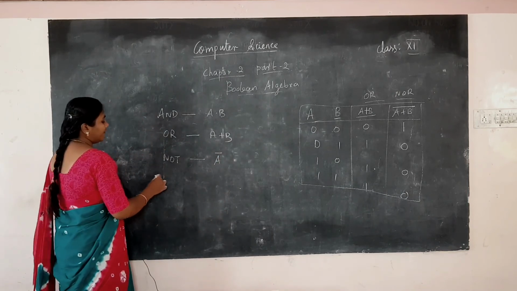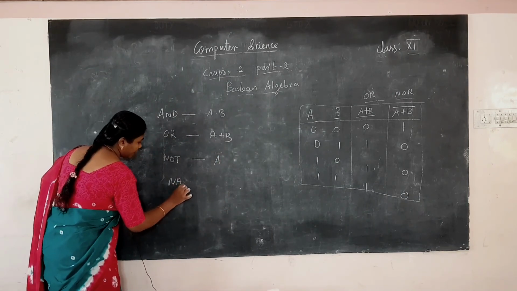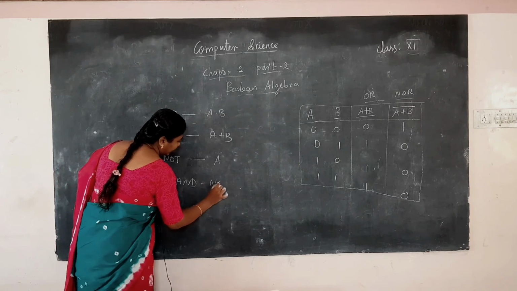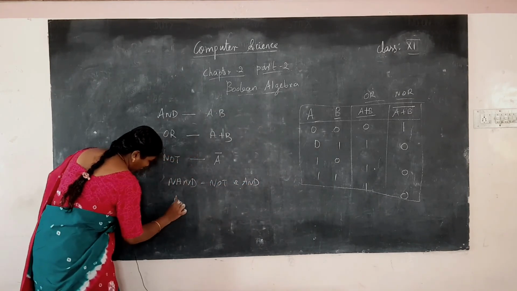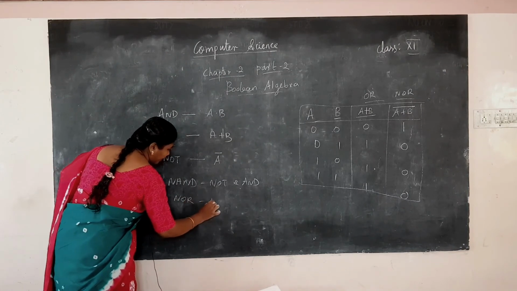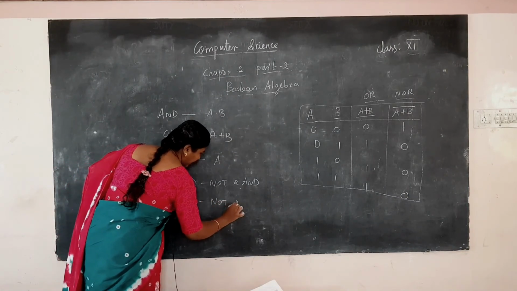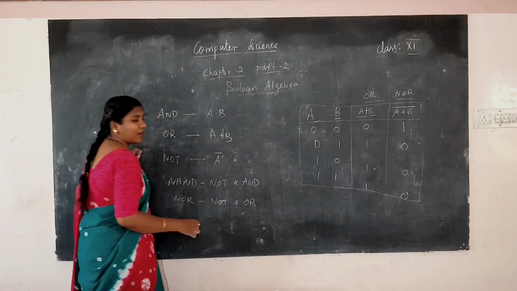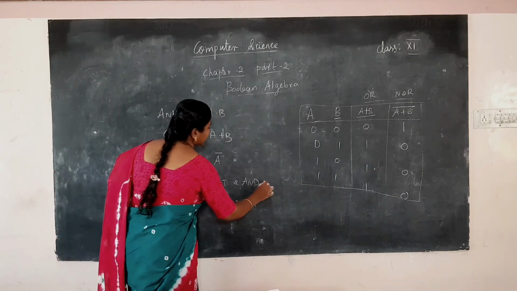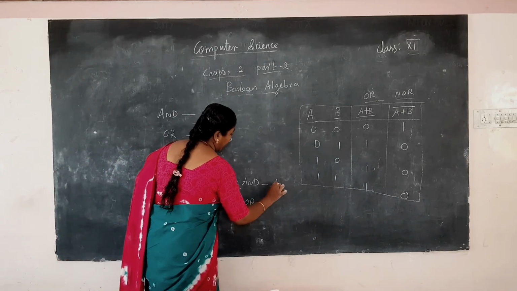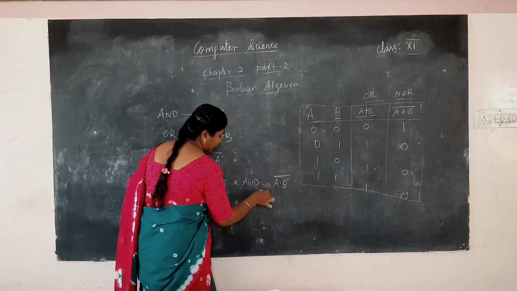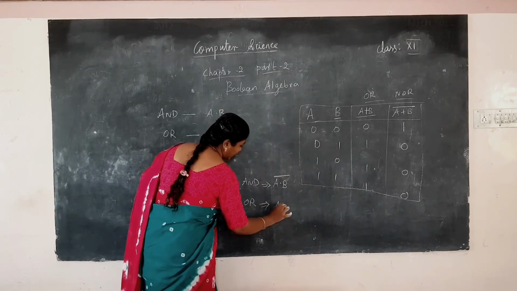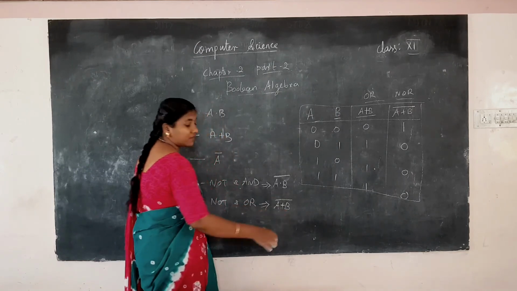Clear? NAND is a combination of NOT and AND, and NOR is a combination of NOT and OR. What is the expression it has? NAND has the expression A dot B the whole bar, and NOR has the expression A plus B the whole bar.